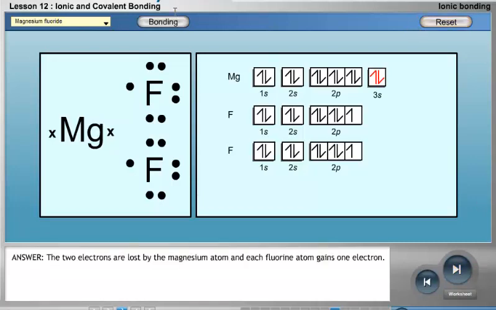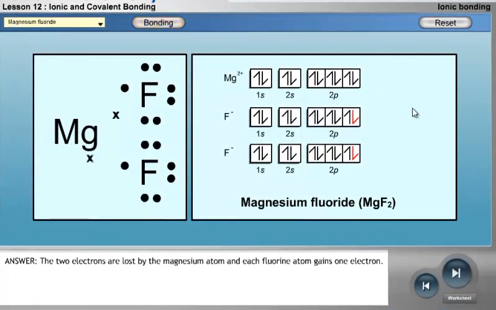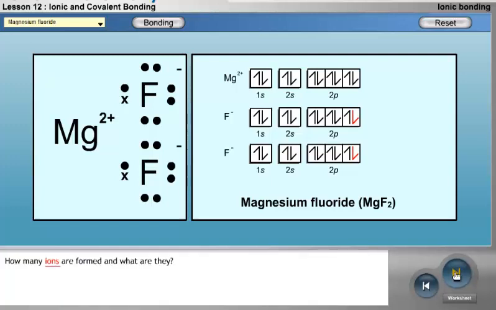Answer: the 2 electrons are lost by the magnesium atom and each fluorine atom gains 1 electron. How many ions are formed and what are they? Answer: 3. 1 positively charged magnesium ion and 2 negatively charged fluoride ions.